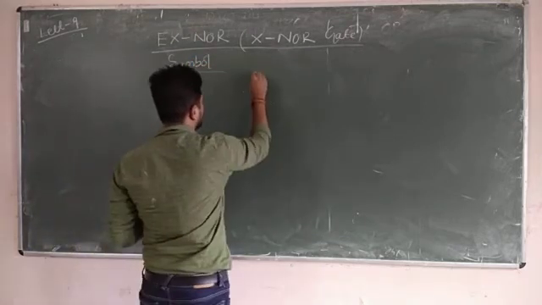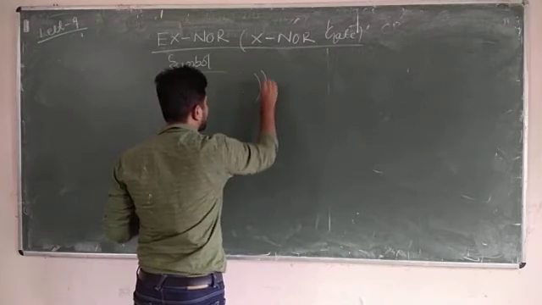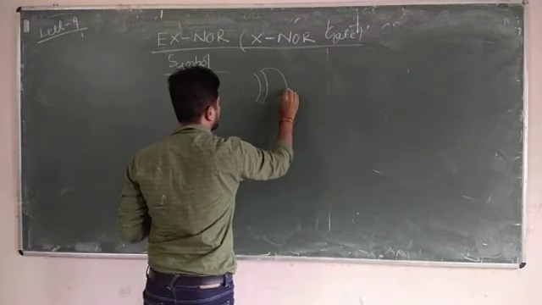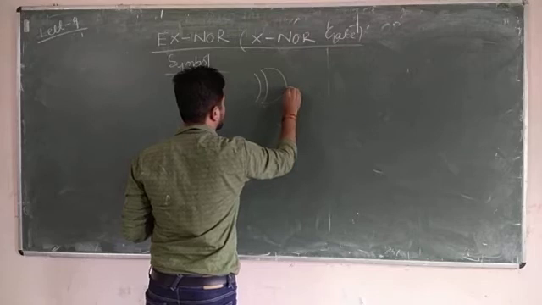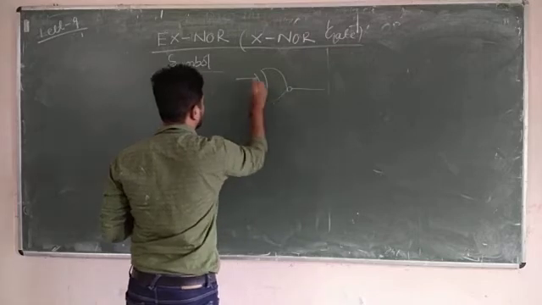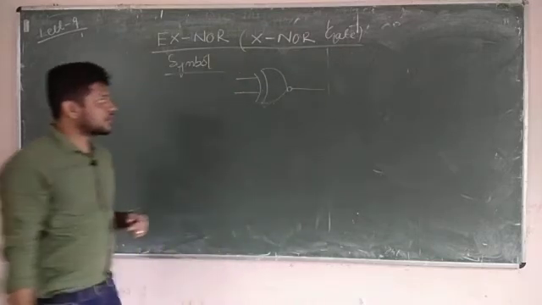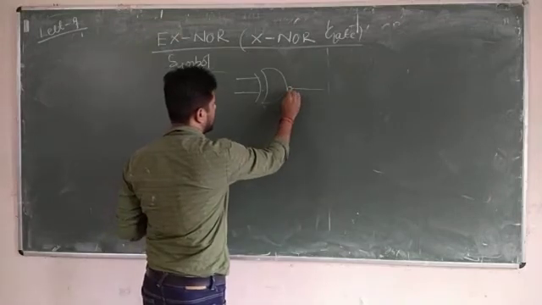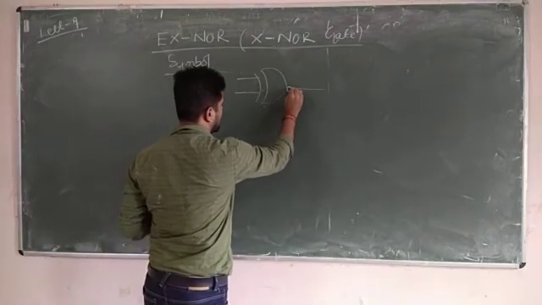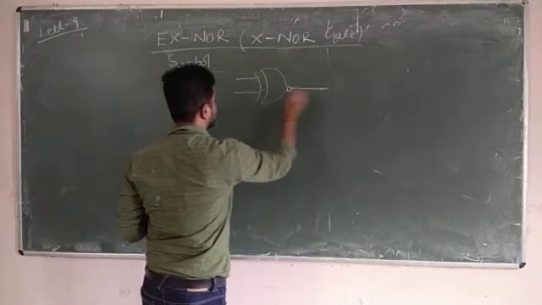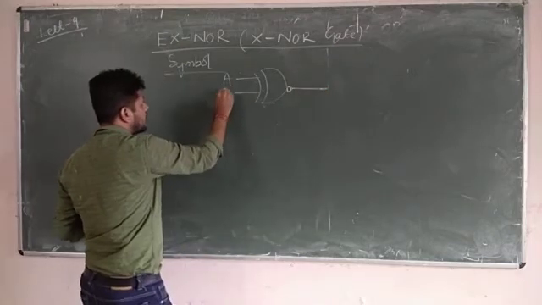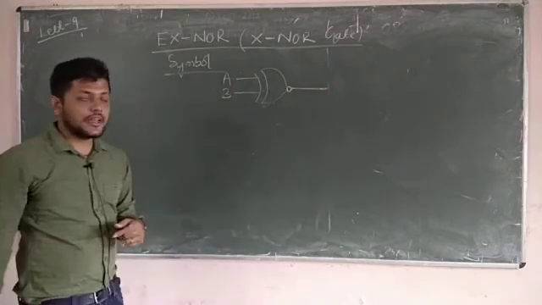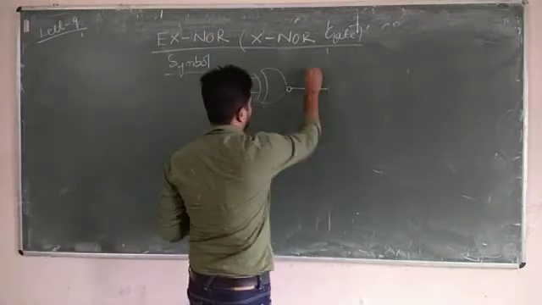So how is the symbol? Just like the exclusive OR gate, and I am putting one bubble that denotes the exclusive NOR gate. So I am applying here inputs A, B. Then what is the output?